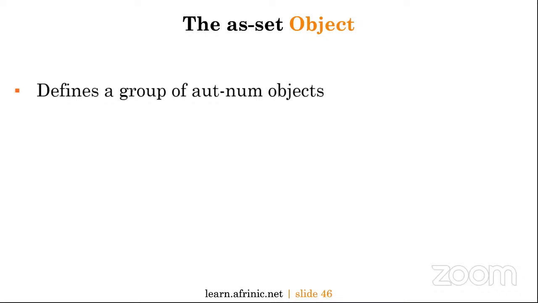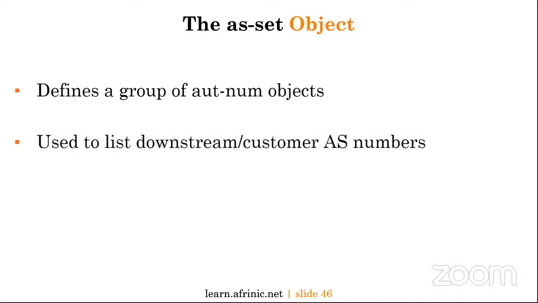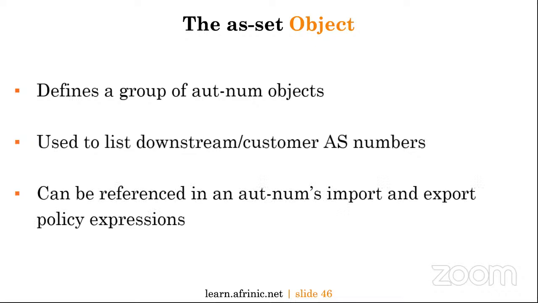You can define all of them in an as-set object. It can also be referenced in an aut-num's import and export expressions. We will see that later on. You can see that your set object actually makes things much more manageable and easier when you're defining your import and export policies on your aut-num object.